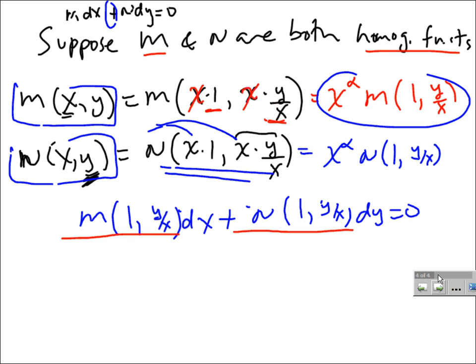Now if I make a substitution, if I say u is y over x, that implies that ux is y.